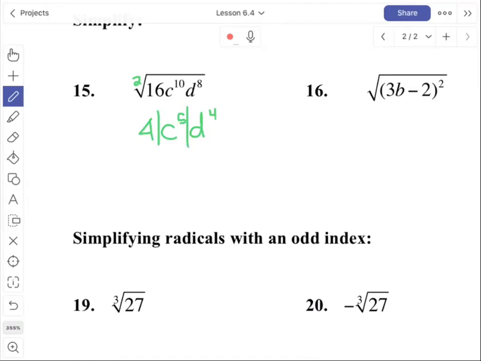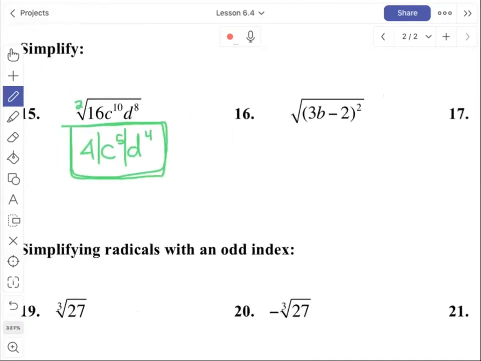Joanne, do I need absolute values around the d? No. Good. Why? Because it ended up even. Good. So just remember, starts even, ends odd. Perfect. So just around the c, and that is it.